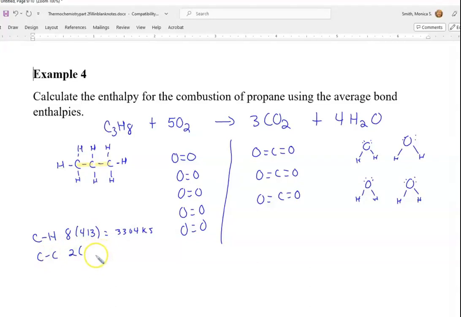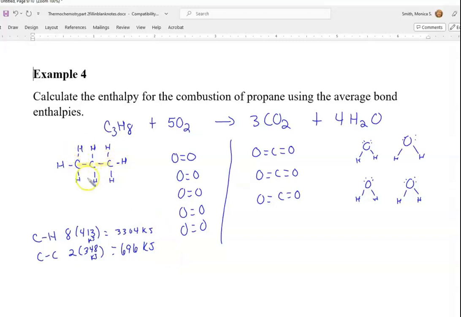And a C to C bond is 348. And that is 696 kilojoules. Okay.